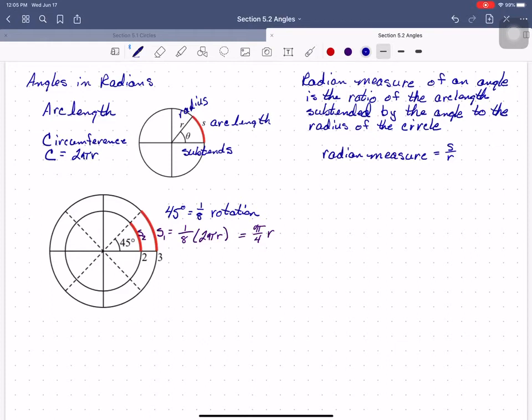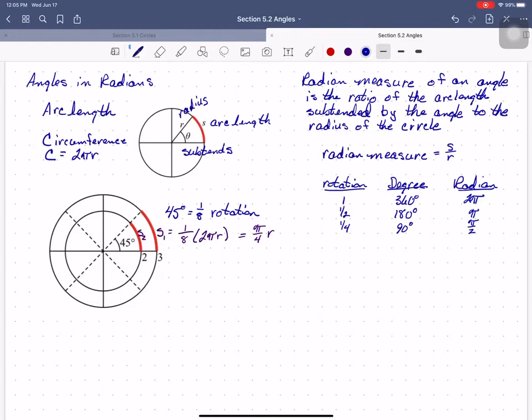So one rotation is 360 degrees, or 2 pi radians. 1/2 of a rotation is 180 degrees, or pi radians. 1/4 of a rotation is 90 degrees, or pi over 2 radians.